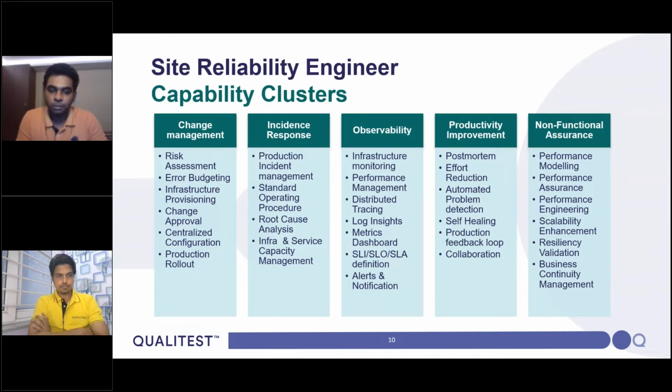But with the help of observability, they would be able to span even more, right? They can look for metrics, logs, and traces, and have actionable insights and automated notifications. And at the end of the day, on top of all these things, the final thing is how we mature as a service. So productivity improvement helps in that fashion.